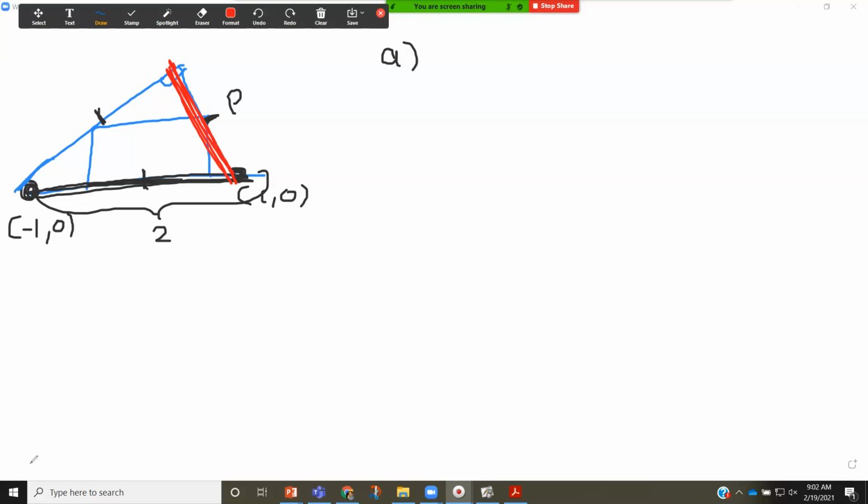Since this is an isosceles right triangle, you could use the Pythagorean Theorem to find the length of this red piece, and that would allow you to find your slope.